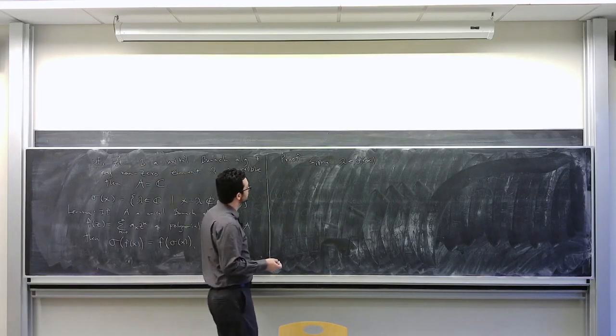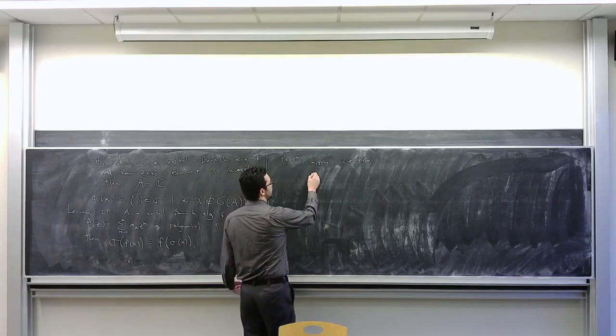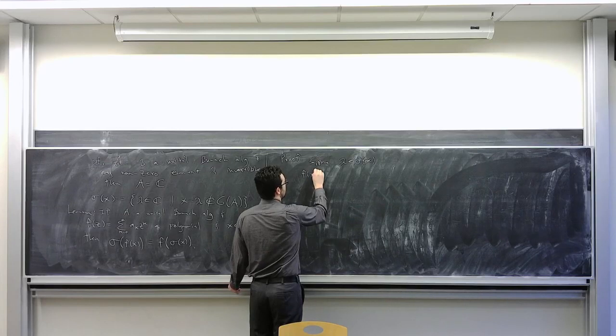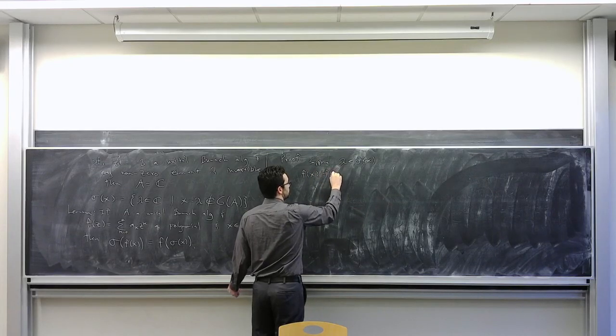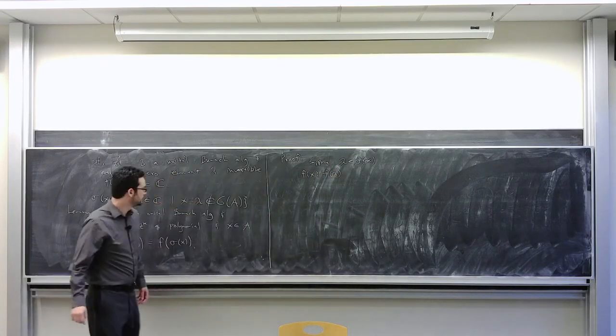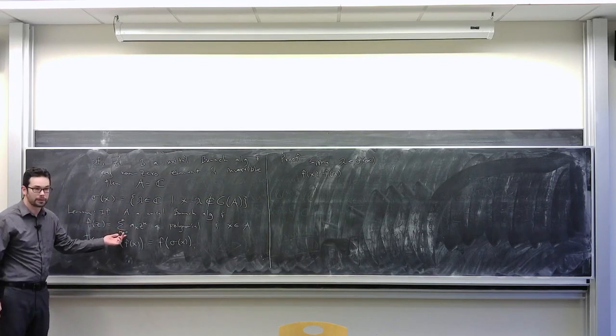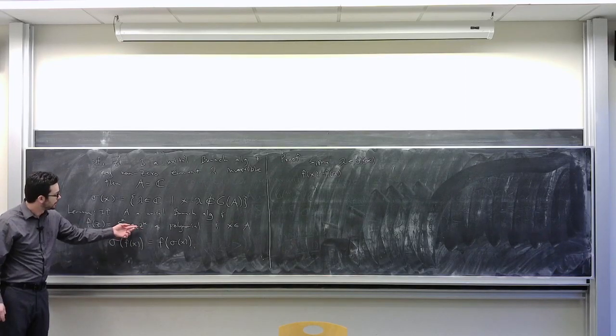To do that, let's write out f of x minus f of lambda. We're going to have some cancellation at the 0th coefficient, because when we plug in lambda, we just get a_0.